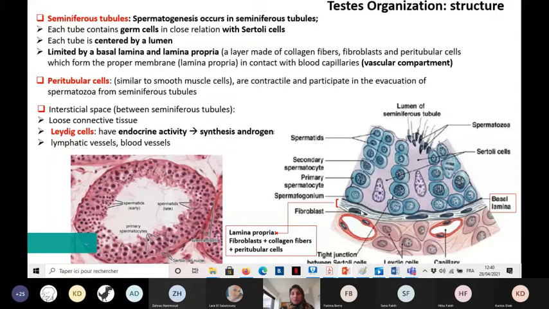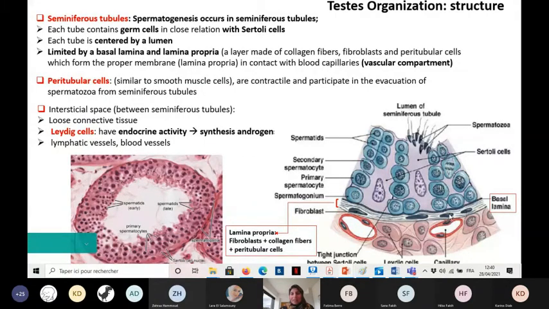The peritubular cells are muscle-like cells, smooth muscle-like cells. They resemble, or they are similar to smooth muscle cells. They are able to contract, so they are contractile cells.